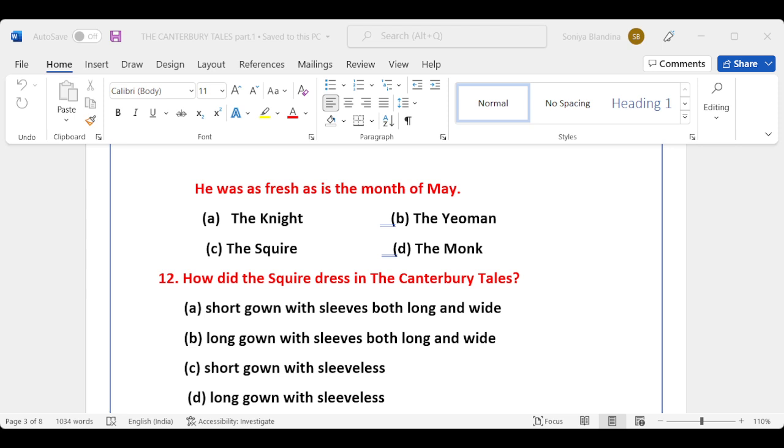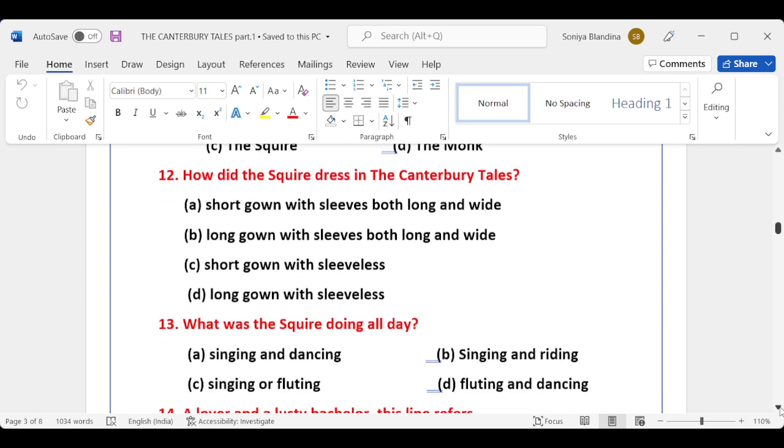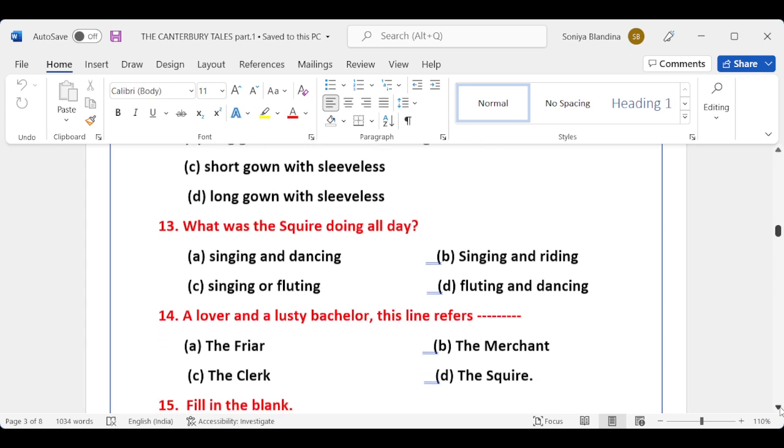Option A, short gown with sleeves both long and wide. Or B, long gown with sleeves both long and wide. Or C, short gown with sleeveless. D, long gown with sleeveless. So what is the right answer? It's option A, short gown with sleeves both long and wide.